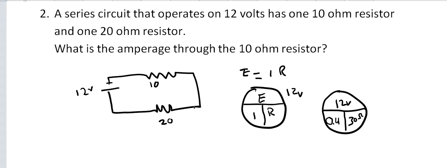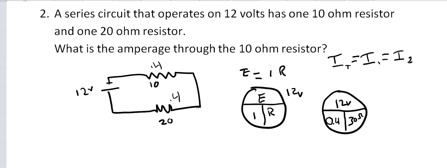Now, if the amperage through this resistor is 0.4 amps, it's going to be 0.4 amps through this resistor as well, and everywhere in the circuit, because we learned that amperage stays the same in a series circuit.